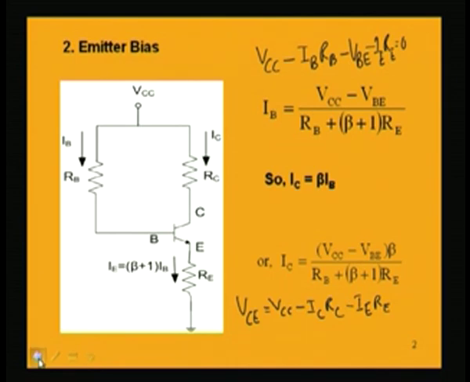Now, one important thing here is that the inclusion of this resistance in the emitter serves one special purpose of self biasing. This circuit is also known as self bias. So, that self biasing can be understood.